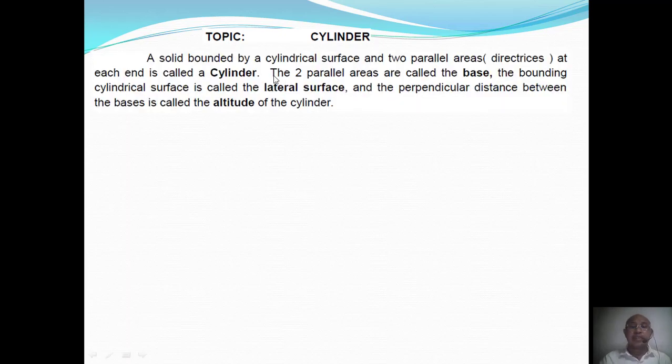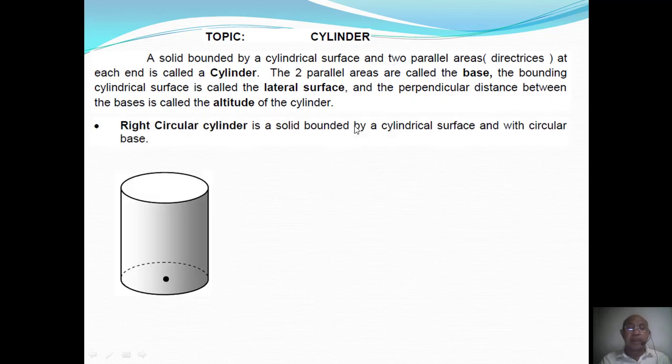Okay, so we have the next topic, the next solid, the cylinder. A cylinder is a solid bounded by a cylindrical surface and two parallel areas at each end. The parallel areas are called the bases and the bounding cylindrical surface is called the lateral surface. The perpendicular distance between the bases is called the height or the altitude of the cylinder.